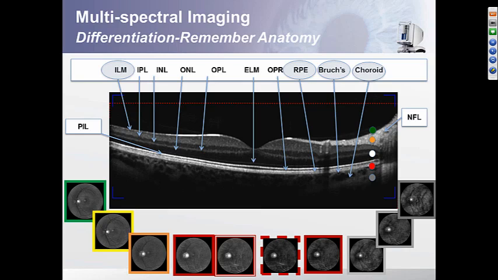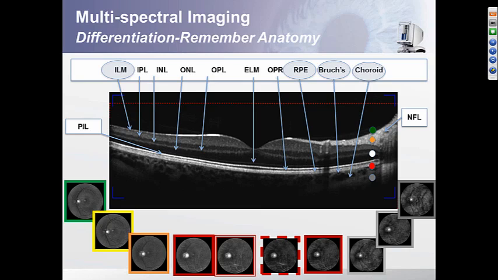So you're not exactly peeling away the individual layers of the retina with each different spectral slice, but you are differentiating and moving what you can see above the RPE and below the RPE in a very general sense, okay? Remember, the upper several layers of the retina are clear. With the green and yellow LEDs, you're primarily visualizing superficial features characteristic of the ILM.